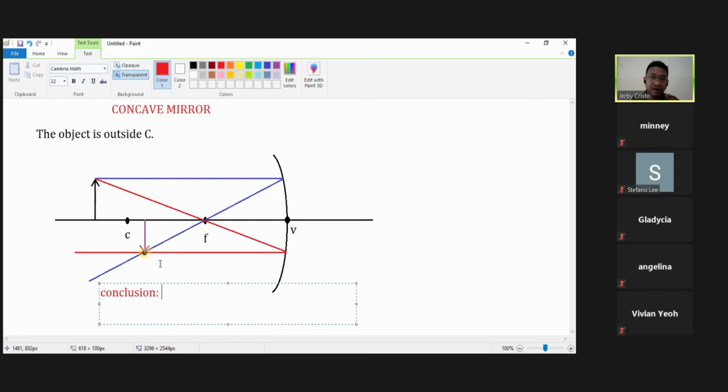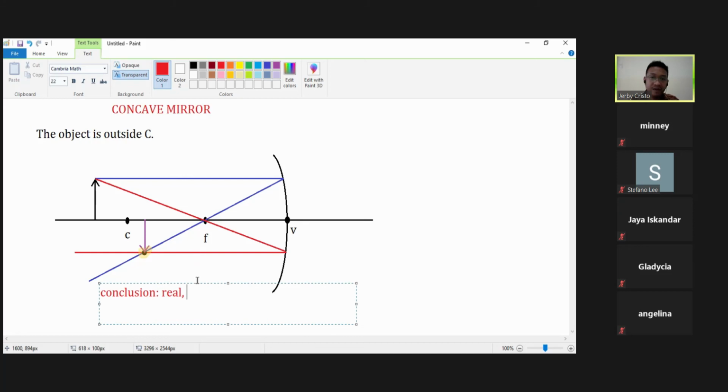So let's start with the type of image. What type of image is formed? Real image. It's a real image. Yes, Jaya. Why is this a real image? Because the image is formed in front of the mirror. Exactly.